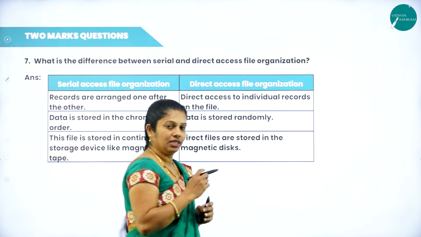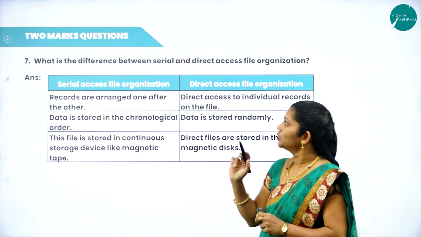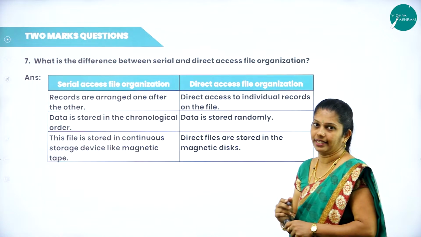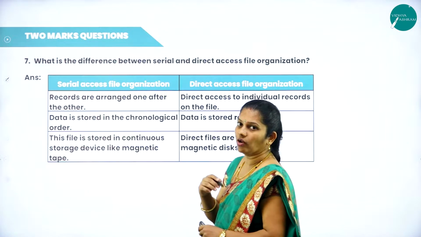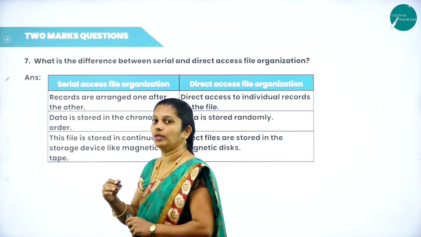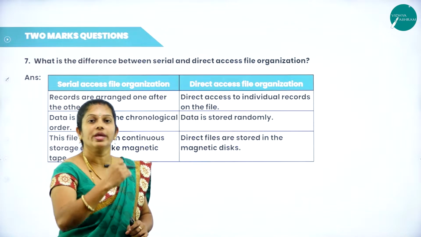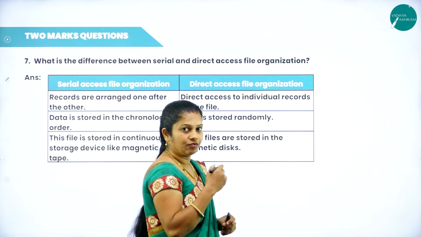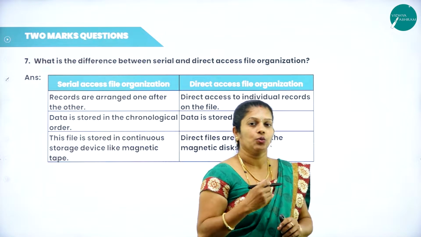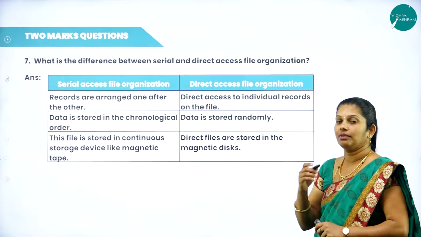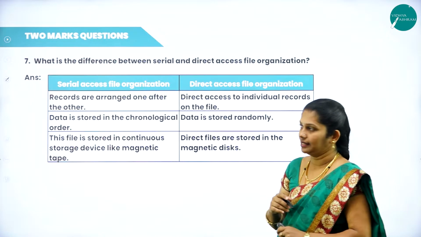Then the next question, for 2 marks: what is the difference between serial and direct access file organization? File organization mainly deals with how records are arranged and how we can access them. We have serial file organization, sequential file organization, direct file organization, as well as index sequential file organization.